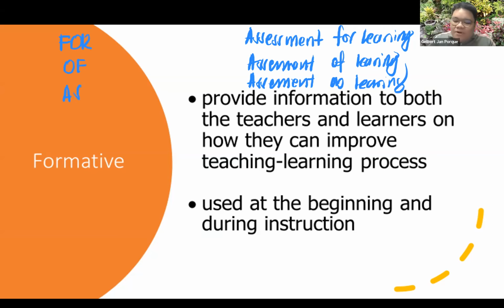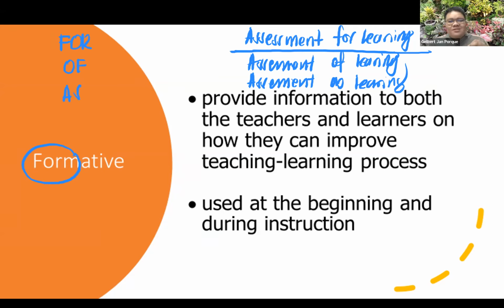Now, when I talk about formative assessment, another way of presenting it is saying it is assessment for learning. Why is it assessment for learning? It assesses the knowledge, understanding, and skills to inform the teacher whether she is doing right, in such a way that she can modify whenever there is a need to do so.